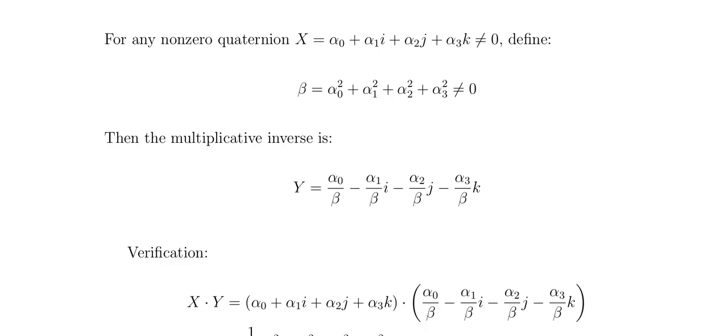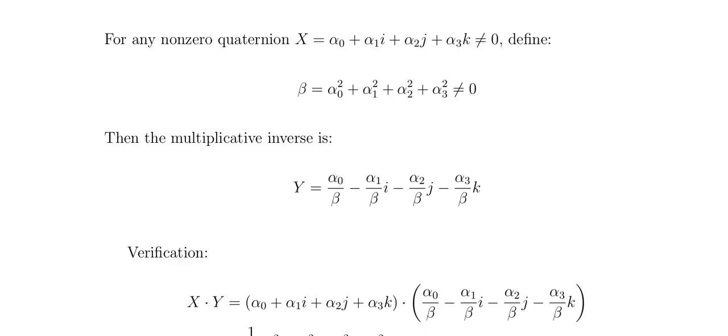Then x dot y is defined as alpha naught plus alpha 1 i plus alpha 2 j plus alpha 3 k, multiplied by that inverse y.